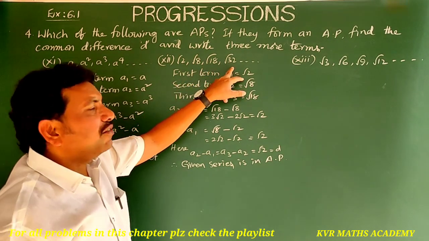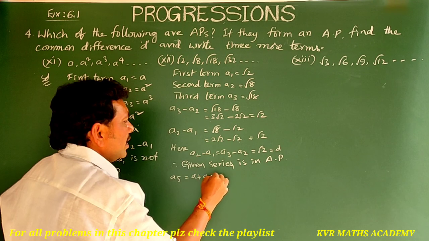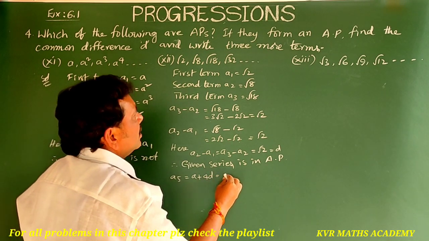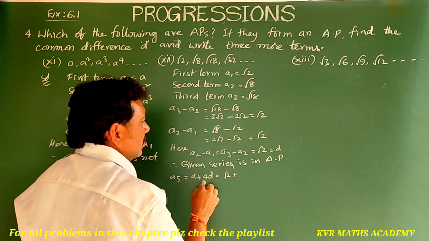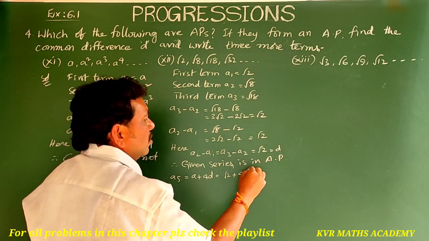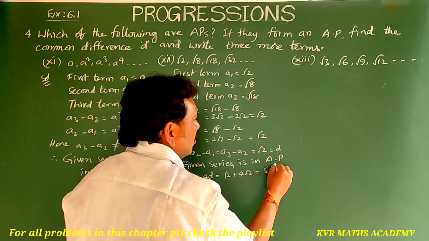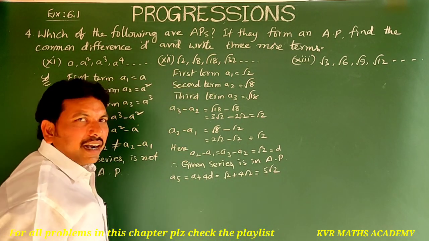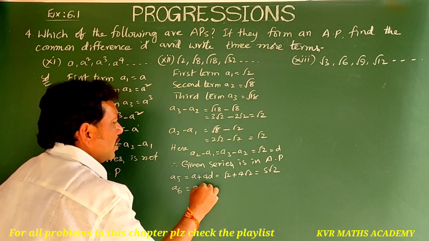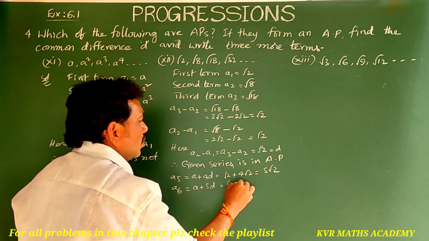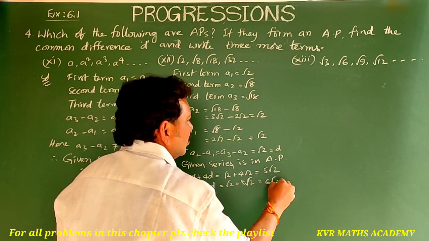a1, a2, a3, a4, a5 we should find. a5 is equal to a plus 4d only now. So this is a means root 2, plus 4d, 4 root 2. d means root 2 only, na. Root 2 plus 4 root 2 is 5 root 2. Right? 5 root 2. Next a6 is equal to a plus 5d. Root 2 plus 5 root 2, that is equal to 6 root 2.